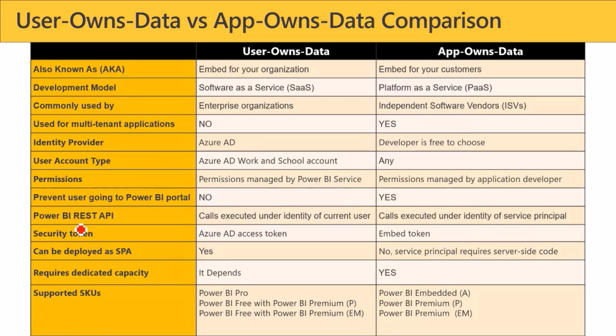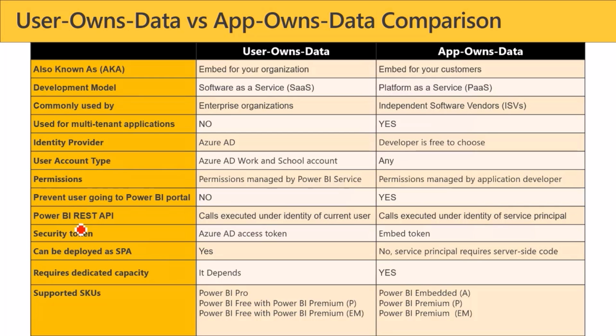As we keep going down here, Power BI REST API calls. Well, on the first model, it's under the identity and permissions of the current user. On the app owns data model, calls are executed as a service principal that generally can see everything.